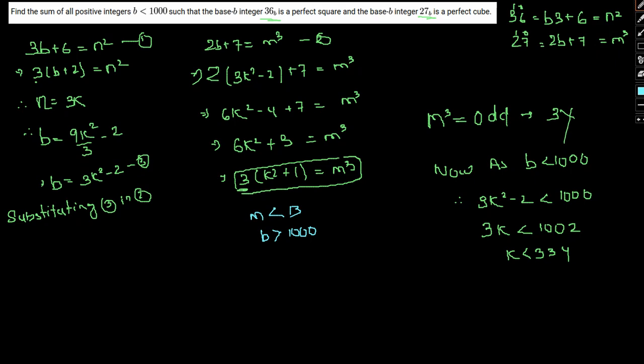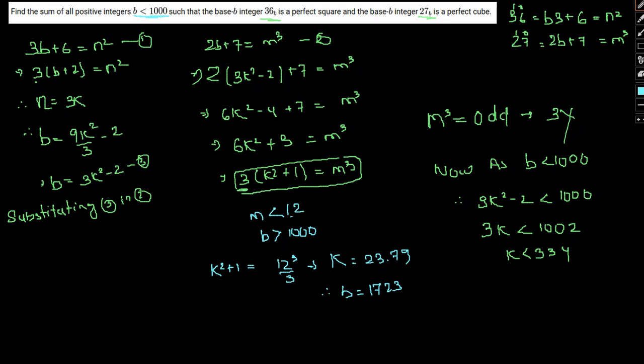Then k squared plus 1 equals 12 cubed by 3, so k comes out as 23.79, and if we substitute, b comes out to be around 1723, which violates our condition of b being less than 1000. So m cannot be 12, and has to be less than 12 also.